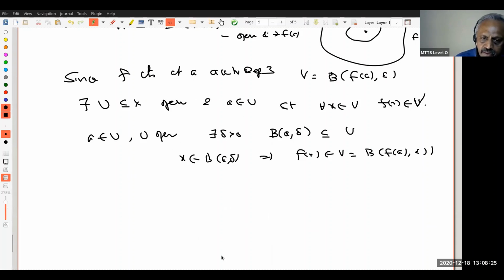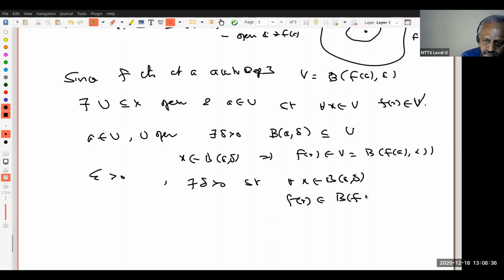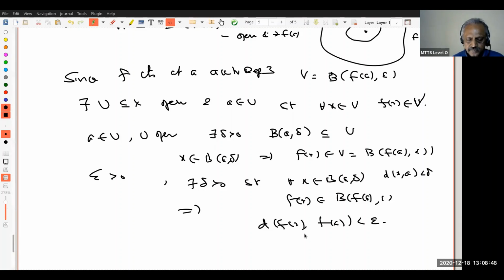So what I have shown is that for given epsilon positive, there is a delta positive so that for all x in B(a, delta), f(x) belongs to B(f(a), epsilon). That is, for all x, distance between x and a less than delta implies distance between f(x) and f(a) less than epsilon. So if f is continuous at a according to definition 3, we have proved it's continuous according to definition 2.